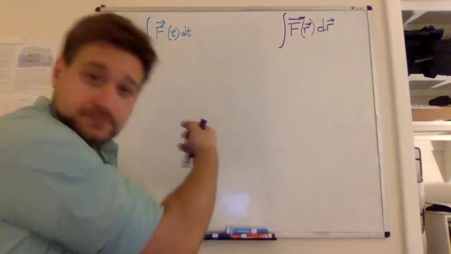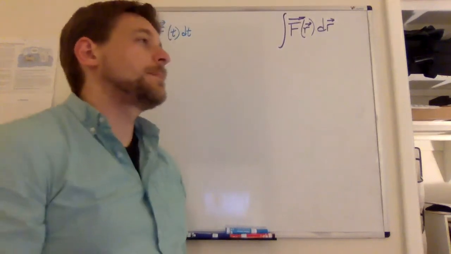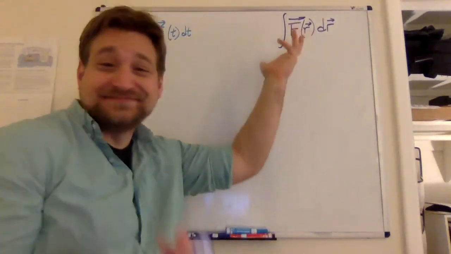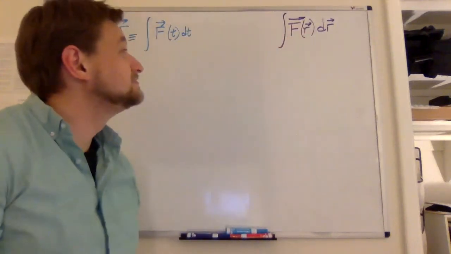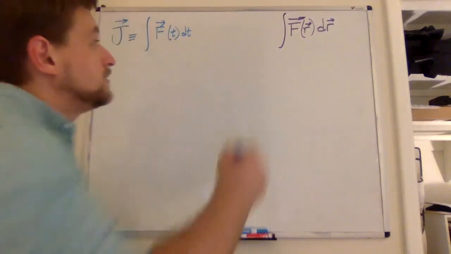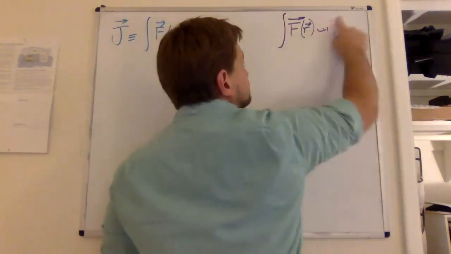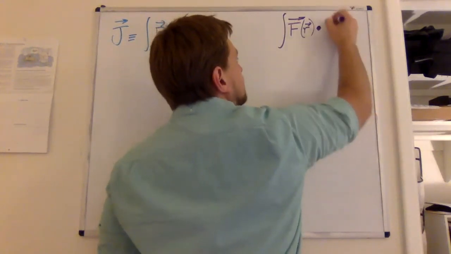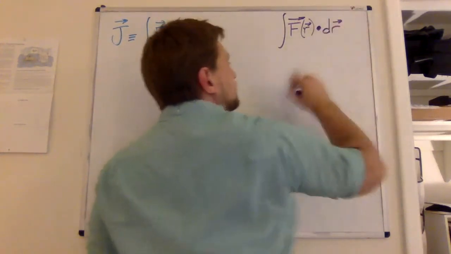Vector, momentum. Let's try it scalar. If it's scalar, then we want a dot product. Force dot differential displacement.